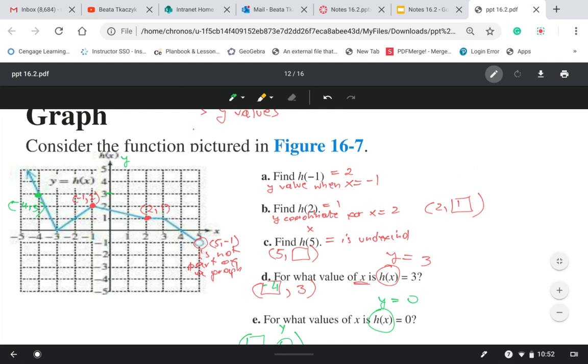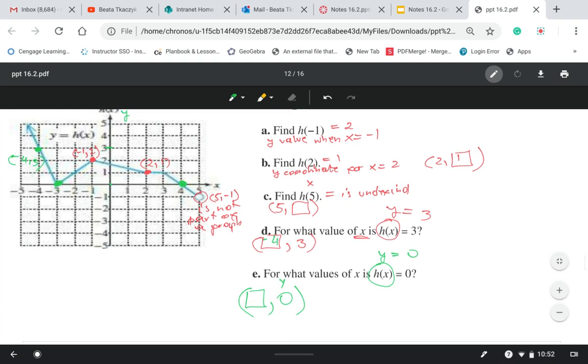Y equals 0 right here. So locate the point which has y coordinate equals 0, which is here and here. So we have 2 points. So we'll have 2 solutions. We have 2 points on the graph which have y coordinate equals 0. So the answer will be x equal -3 and x equal 4.